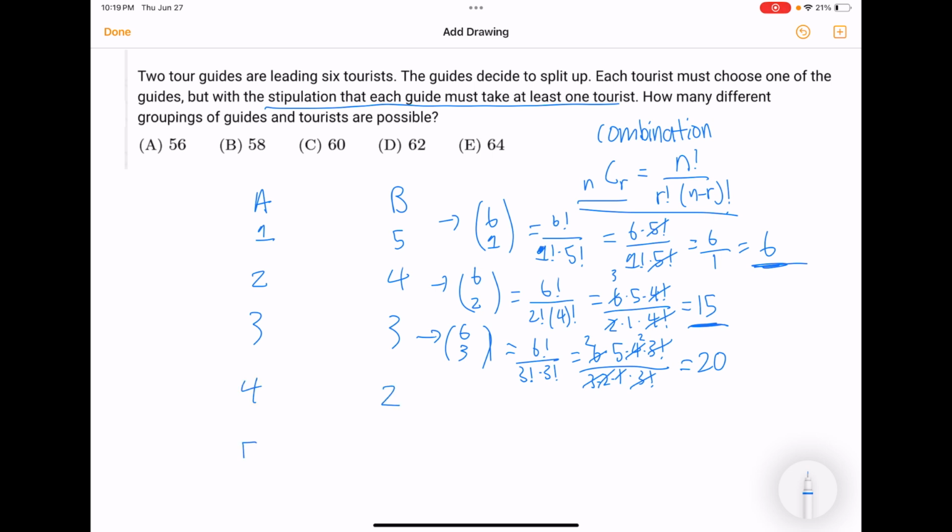And then for the last two, when A has 4 and B has 2, and then when A has 5 and B has 1, it's the same as the first two, because if we do 6 and then 4, if we write it out, we actually get the exact same thing as previously.